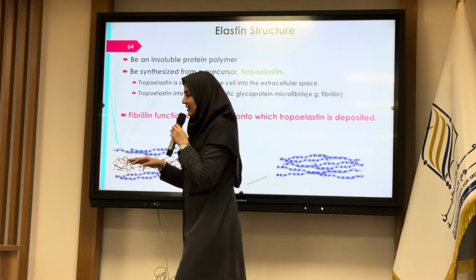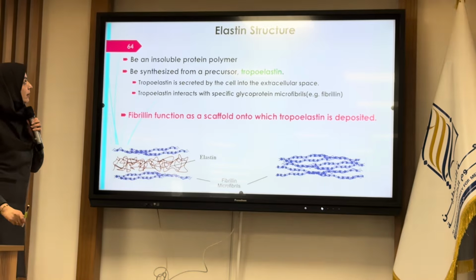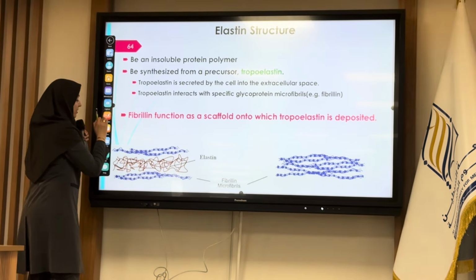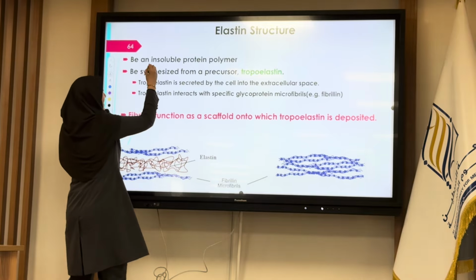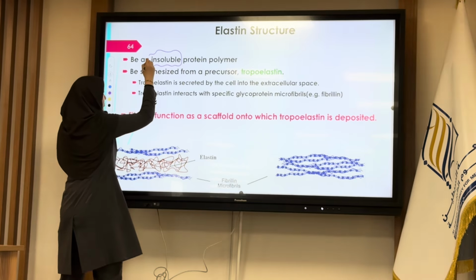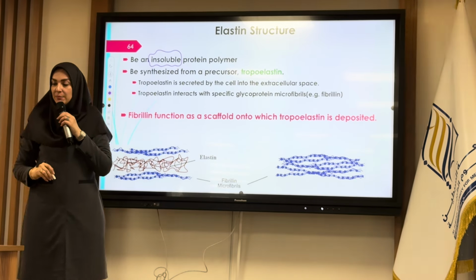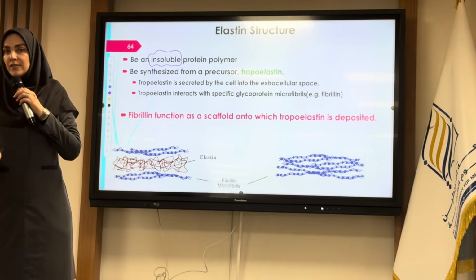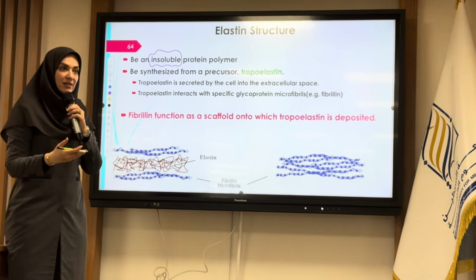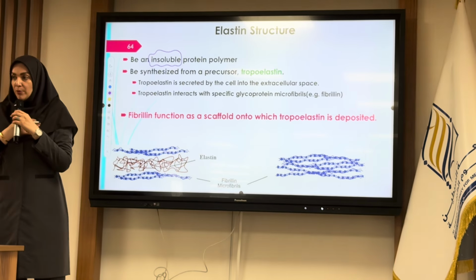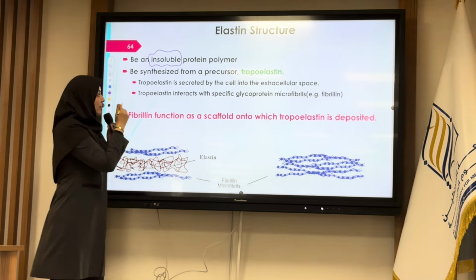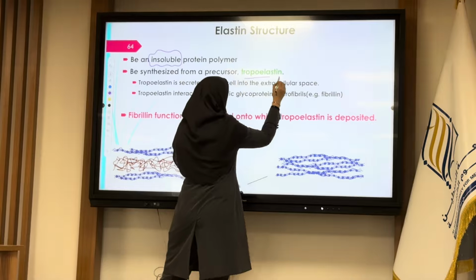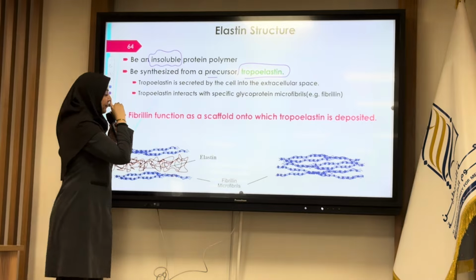What is important about the elastin, especially for your final exam? At first, you should know that this is an insoluble protein. For example, hemoglobin is soluble, but elastin, because it's a structural protein, is insoluble. Another point is that the name of the precursor is tropoelastin.